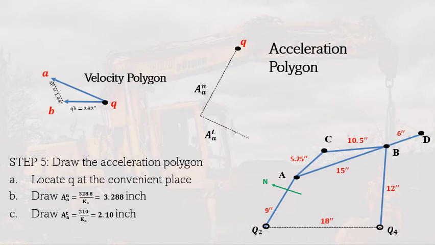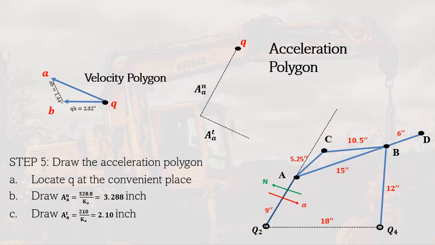As you can see, the direction of the tangent is in that sense because, if you can remember, the direction also of our angular acceleration is clockwise. So that's why the tangential component of acceleration has the same sense as that of the alpha. That's why it's going in that direction, and it is perpendicular to this link Q2A.